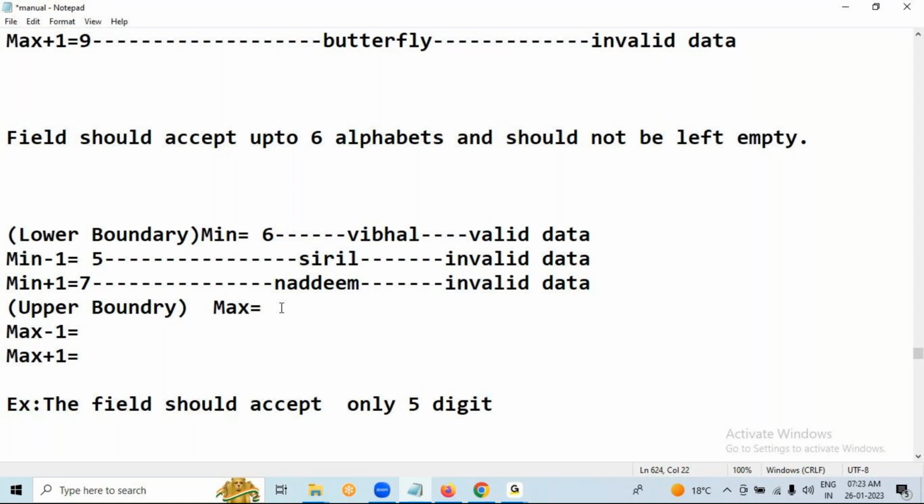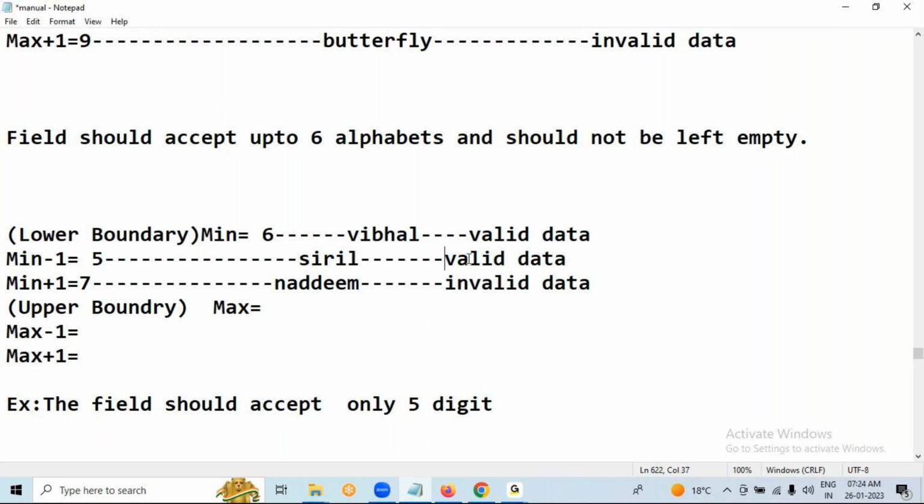But sir, I think the minimum minus 1 needs to be valid data. If you read the line, the field should accept up to 6 alphabets. Up to 6, minimum 5, so it's 5 and 6. Yeah, that's what I was saying. Yes, that's actually correct.